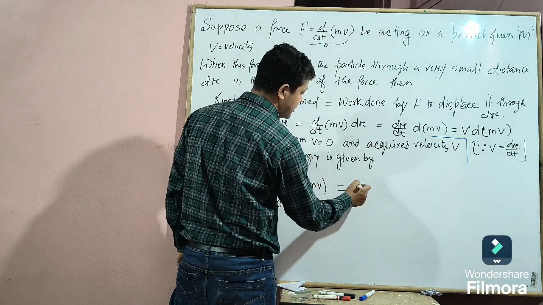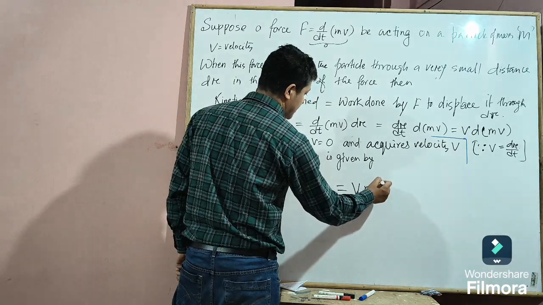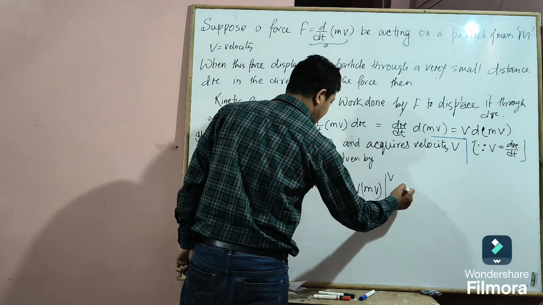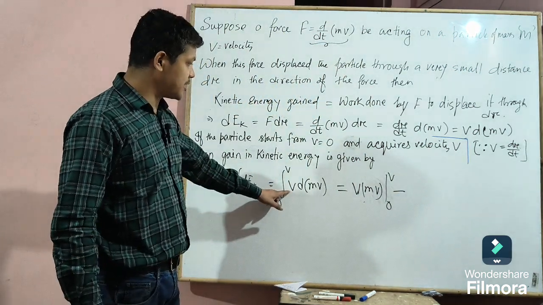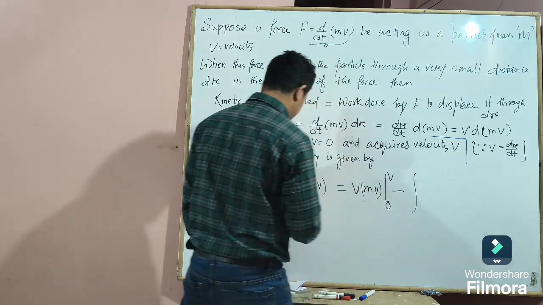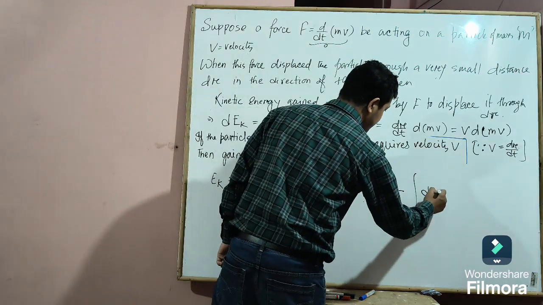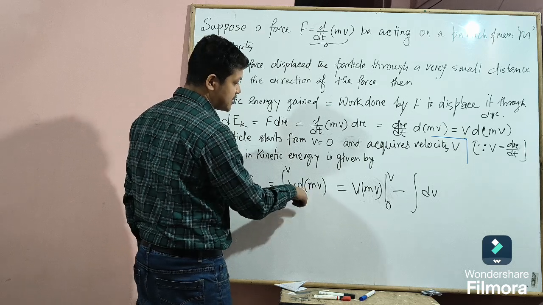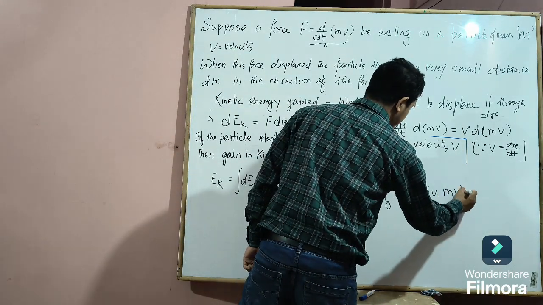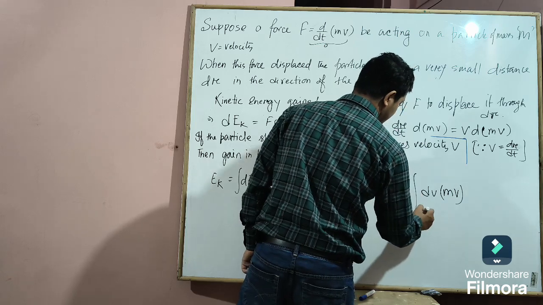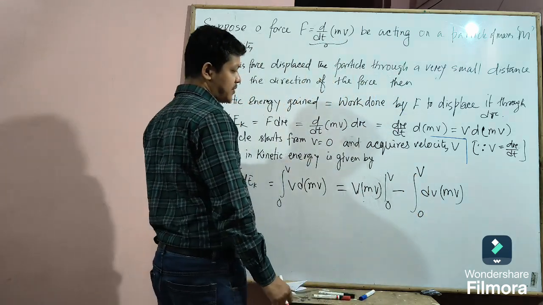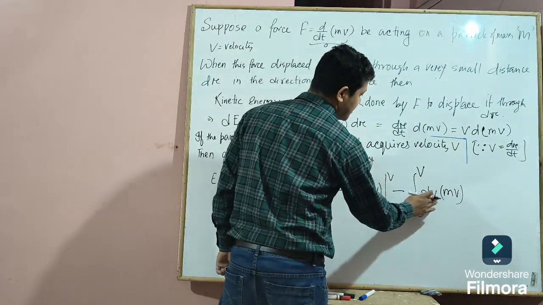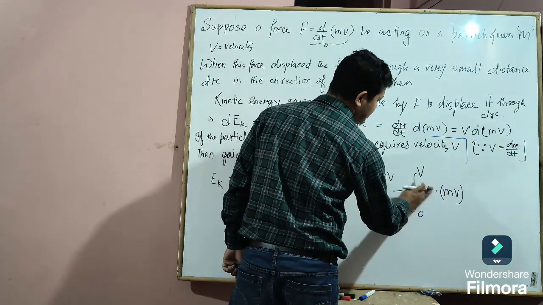So I write here v times mv, integrated from 0 to v, minus the derivative of the first function, which is dv, times the integration of the second function, that is the integration of d(mv), which is mv again, from 0 to v. Now let me write this one in this way.